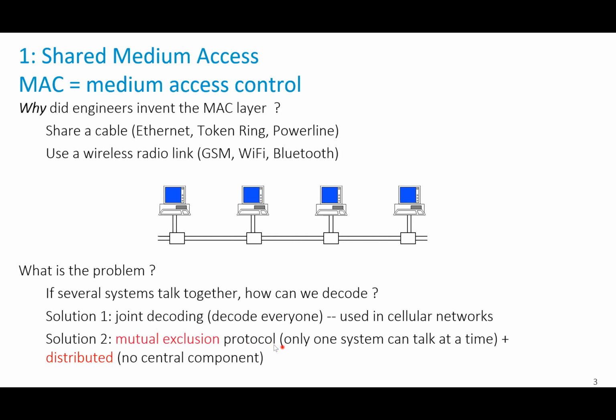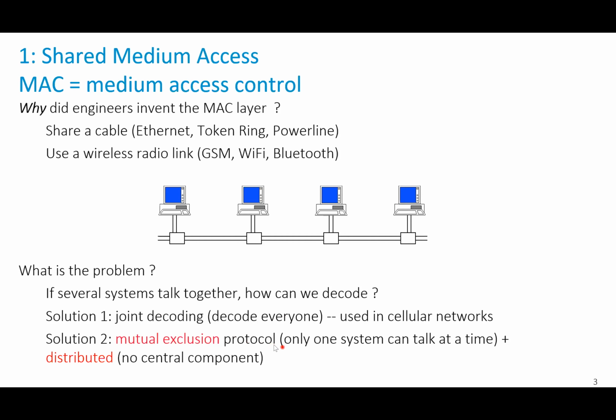Why do you need to wait for a random time? Because if the collision was a true collision, A has sent, B has sent at the same time, and both do the same algorithm and try again at the same time, they will create a collision again. So you're in a deadlock, you will never get out of this deadlock, or it will take a very long time. So you randomize. This is ALOHA.